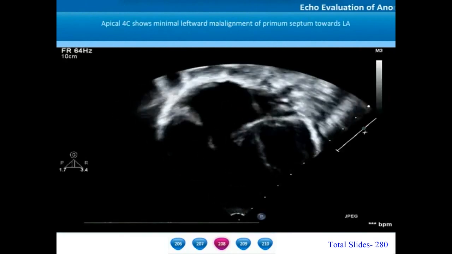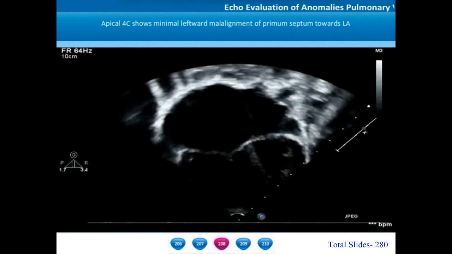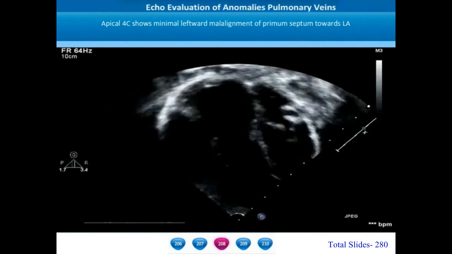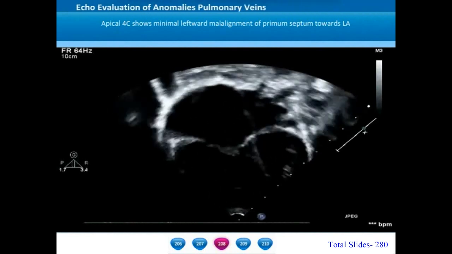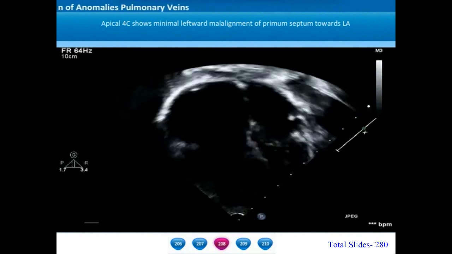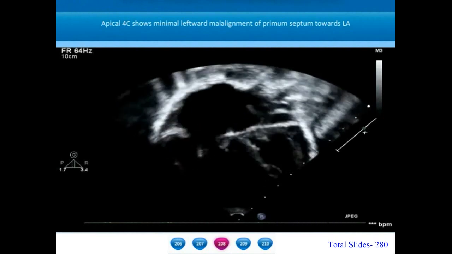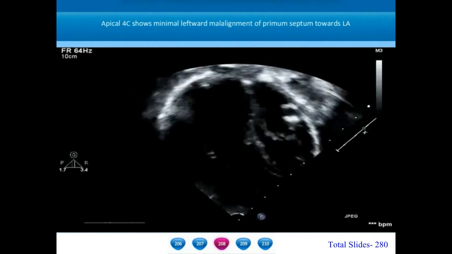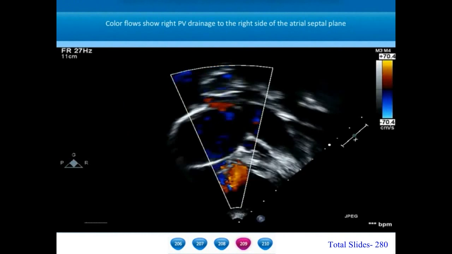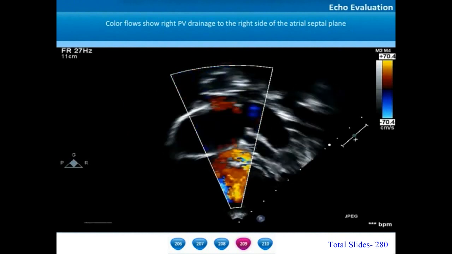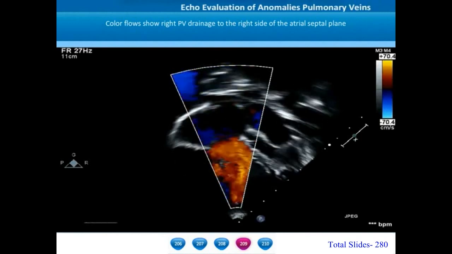In the apical four-chamber view, the extent of malalignment of the atrial septum is only very minimal. So this results in drainage of the right pulmonary veins alone into the right atrium, whereas the left pulmonary veins normally drain into the left atrium. We can appreciate the flows from the right pulmonary veins onto the posterior wall of the right atrium on the right side of the atrial septum.